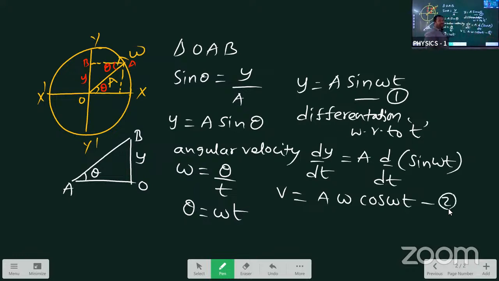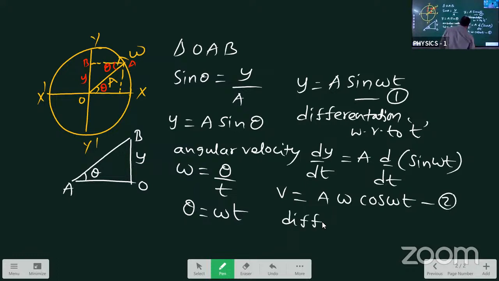We need acceleration, meaning two differentiations. First, differentiating displacement, the rate of change of displacement, gives velocity. Again, the rate of change of velocity gives us the acceleration equation. V equals A omega cos omega t. Again, differentiation.